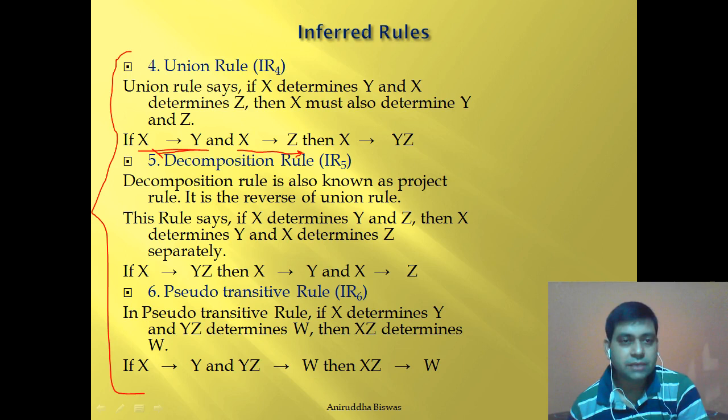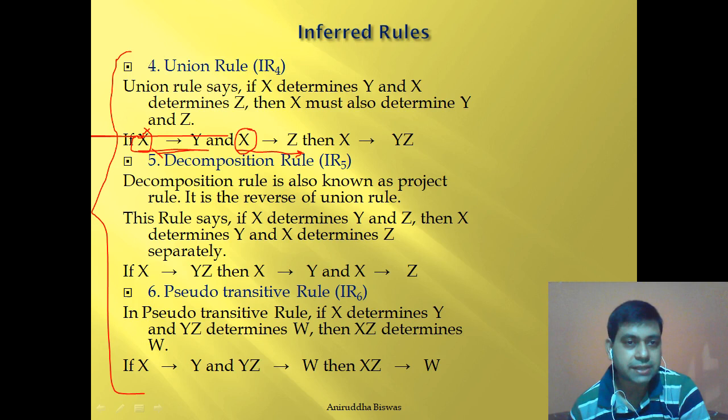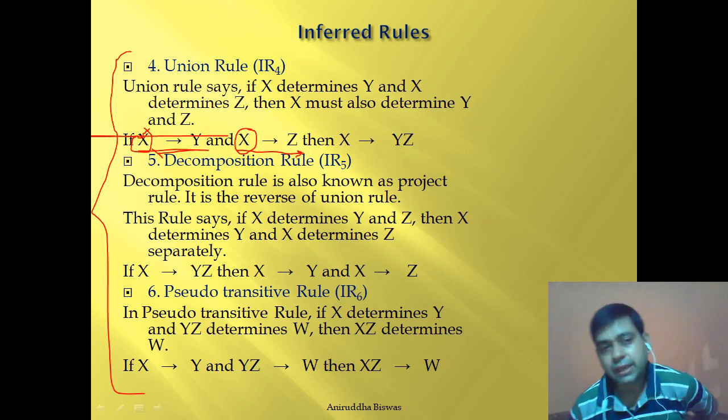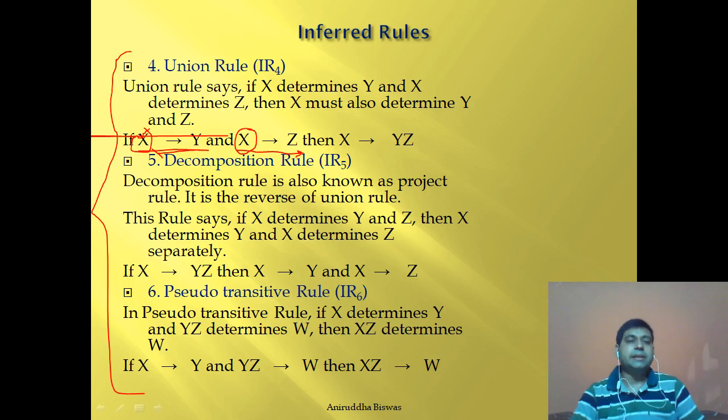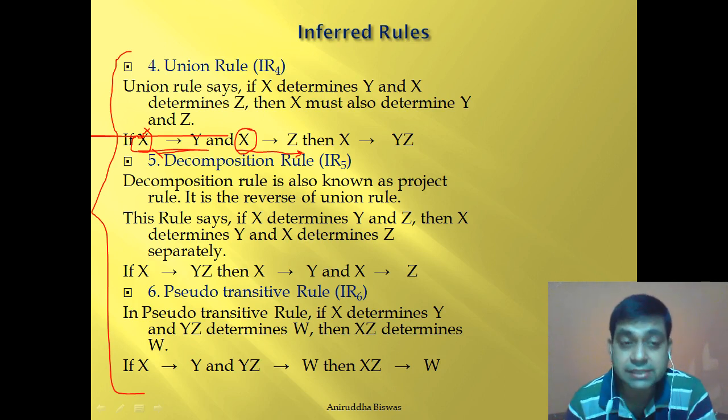Here, if these two functional dependencies hold, and you see at the left side both are same, and we know that the left side is a superset of the right side according to the first rule, that is reflexive rule, where we say that if right side is a subset of the left side, then that is called as reflexive rule, and left side determines right side.